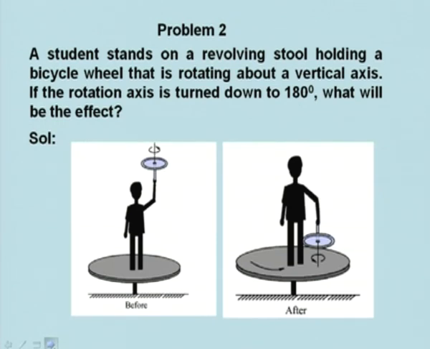I will end this lecture by giving another simple example. A student stands on a revolving stool holding a bicycle wheel that is rotating about a vertical axis. If the rotation axis is turned through 180 degrees, what will be the effect?